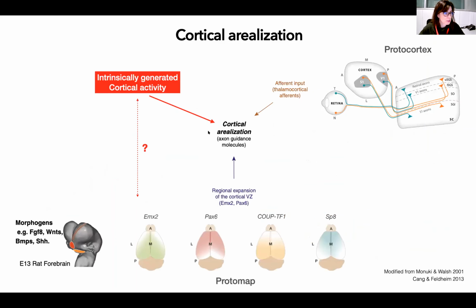So what we wanted to address in this project is whether cortical patterning factors and the cortical patterning of the cerebral cortex had any link to this intrinsically generated cortical activity in the neocortex.